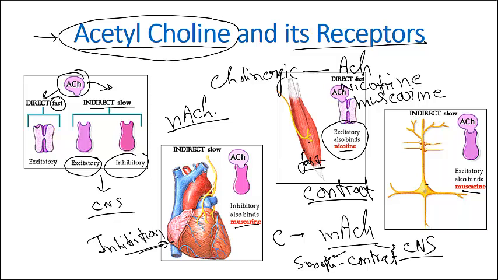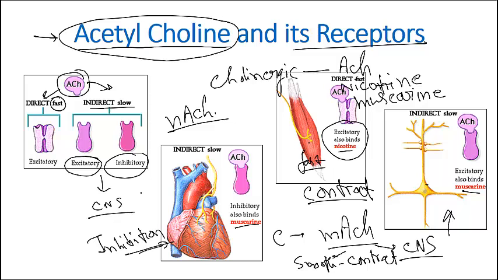But if acetylcholine is binding to a muscarinic receptor, there are two possibilities. One is that the binding will excite, which happens in most cases of smooth muscle contraction, or in some cases binding of acetylcholine to the muscarinic receptor can inhibit and cause the heart rate to slow down due to hyperpolarization.